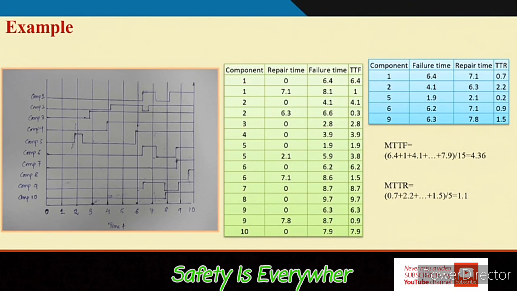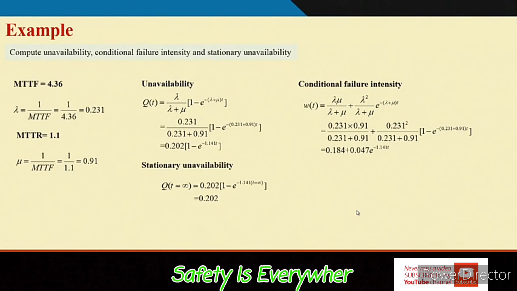If I know them, then with the derivations we obtained earlier, you can find lambda, mu, unavailability, stationary unavailability, conditional failure intensity, and unconditional failure intensity.